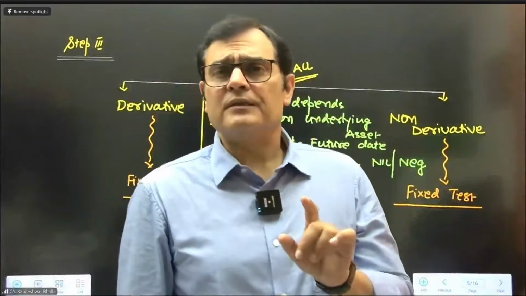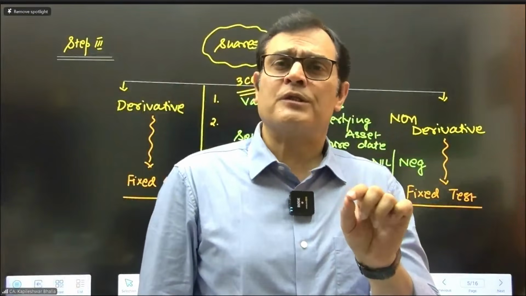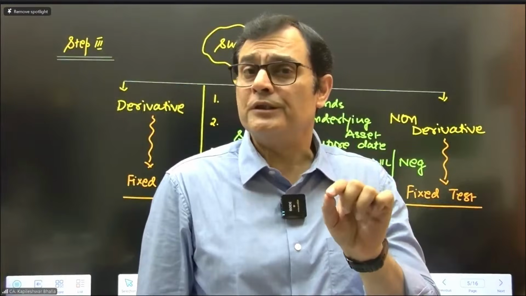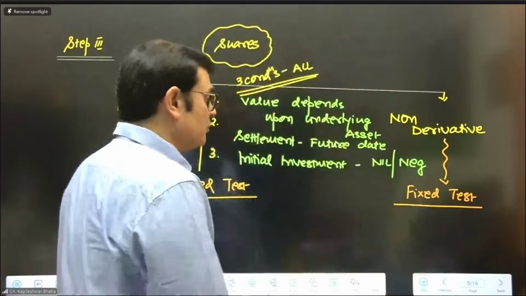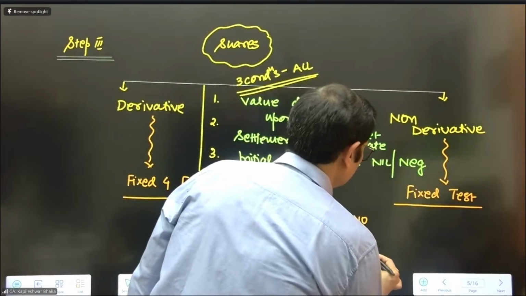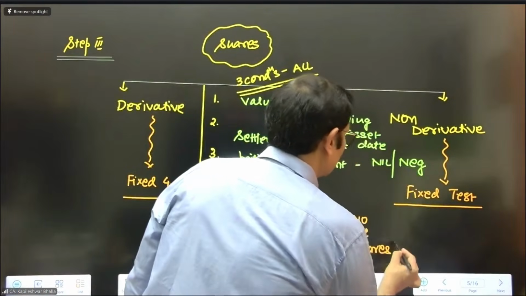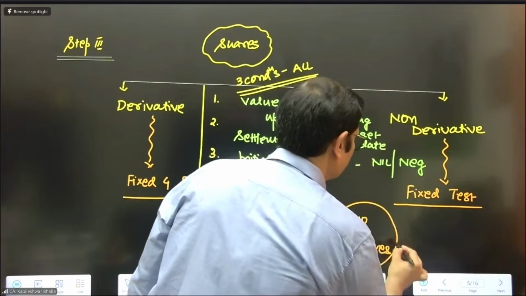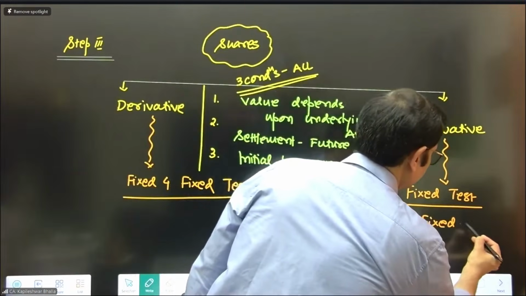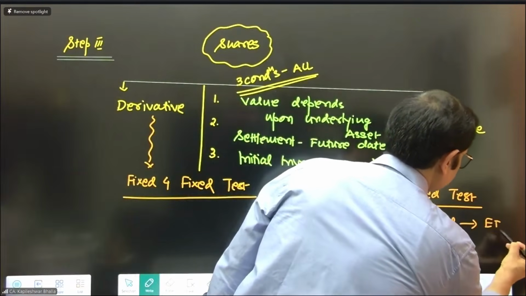If it is non-derivative in nature, you are focusing only on the number of shares to be issued in the future. If the number of shares is fixed, then it is supposed to be an equity instrument.